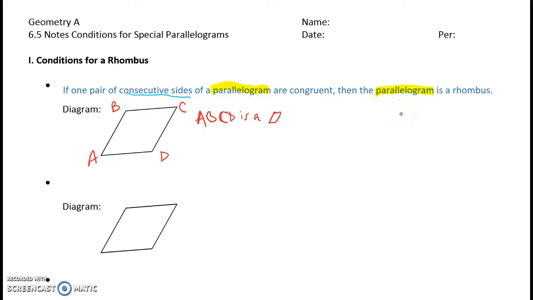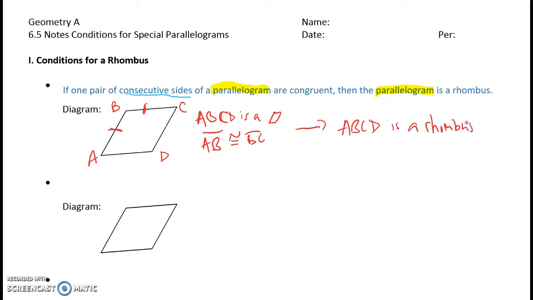Consecutive sides is the same idea as consecutive angles, so one after the other. For example, if AB is the side we're looking at, then its consecutive side could be either BC or AD. So if I tell you AB and BC are congruent, then that, in addition to the fact that ABCD is a parallelogram, tells us that ABCD is a rhombus.